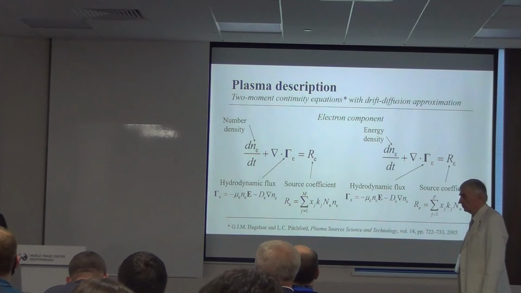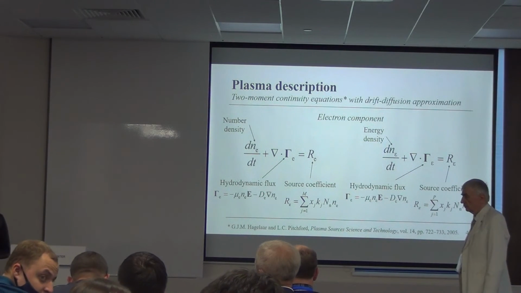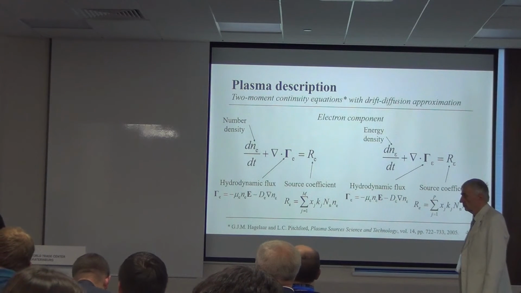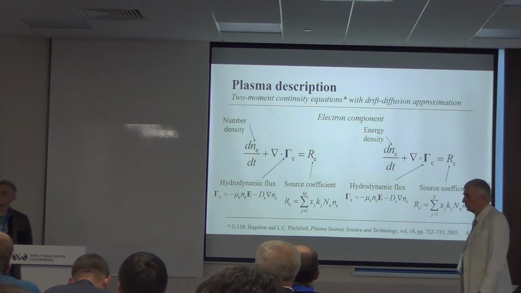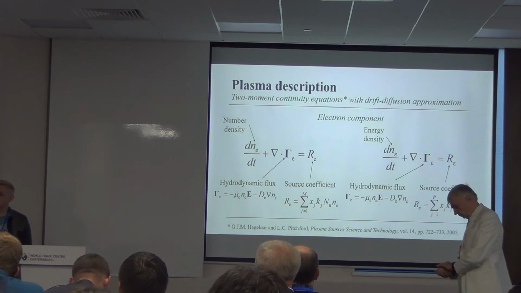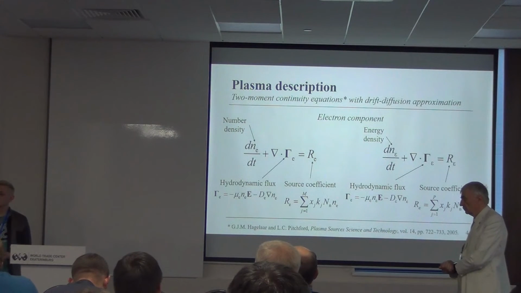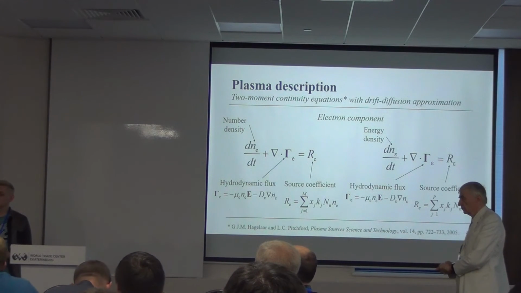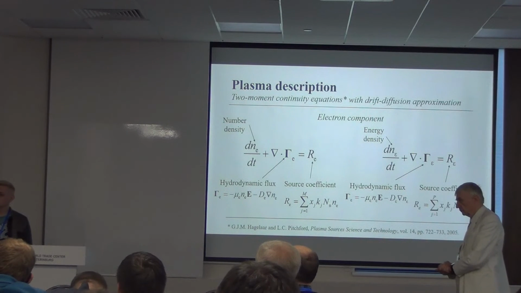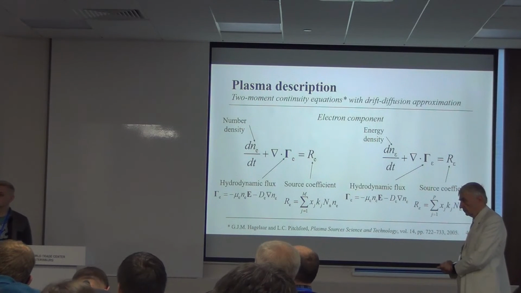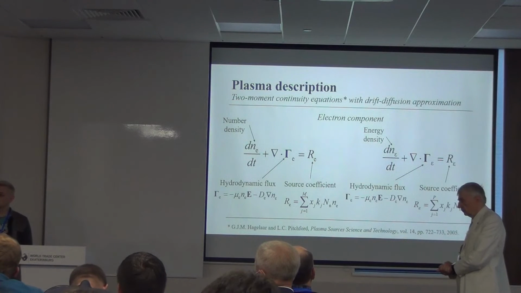It's the main approach used for modeling atmospheric discharges. In most cases this approach is applicable, but in some cases when it is not applicable, you have to solve the Boltzmann equation in five coordinates.